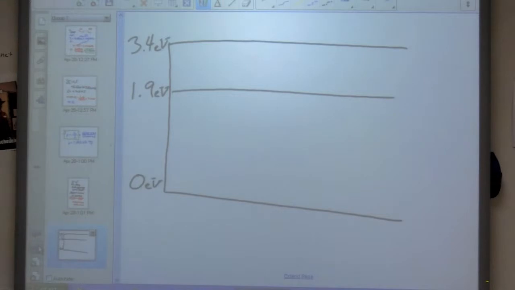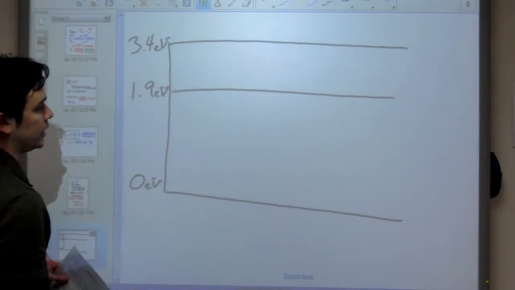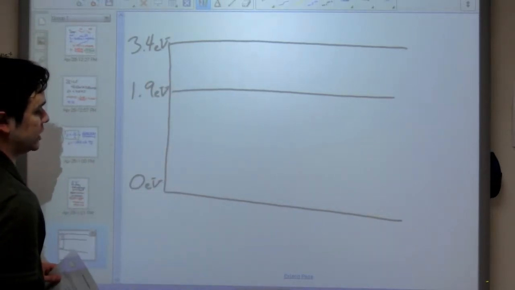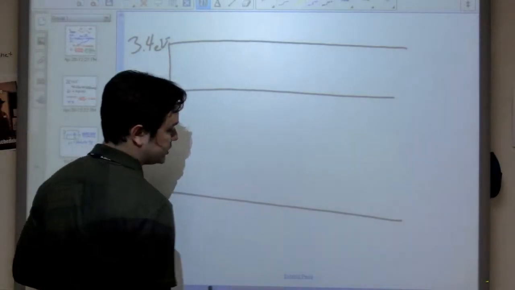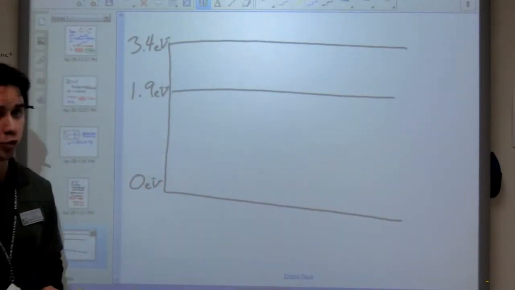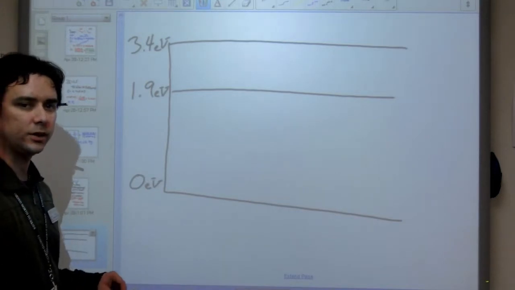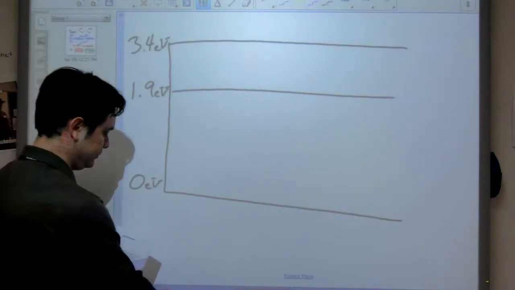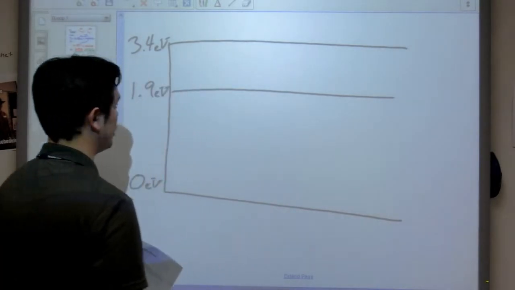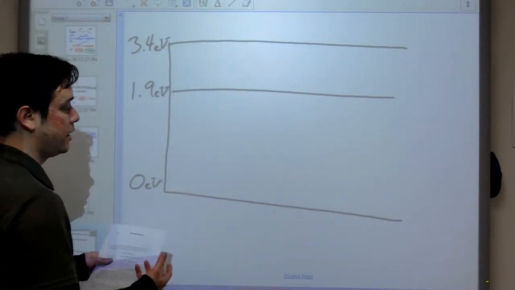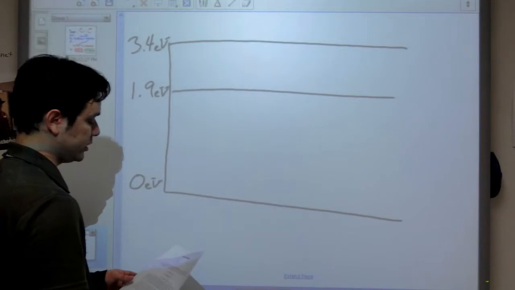For now, I'm going to deal with only these 3 energy levels and their transitions. Technically, there are other levels down beneath this one. This is not actually the ground state. But for what we're doing, it's simple enough to make this approximation, and it'll be fine. So there are more energy levels, more colors associated with hydrogen than what we're actually going to see here.